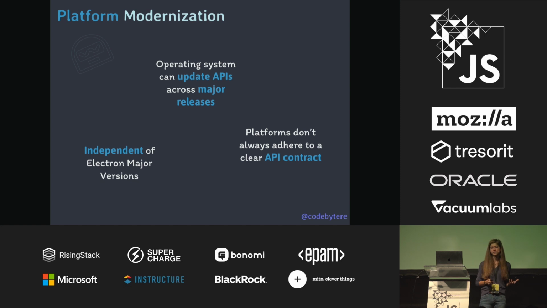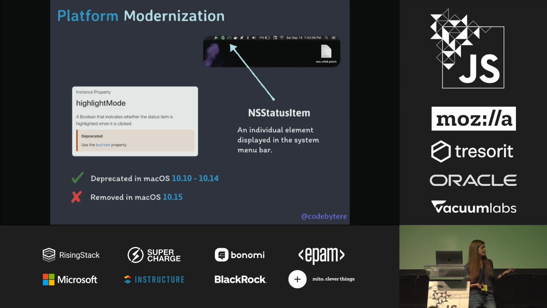The question we then want to ask ourselves is, what's the optimal way to account for this? Let's look at how Electron handled a recent snafu with just such an issue. If you've used macOS, you'll know that there's a tray bar at the top of the screen. The tray bar can contain individual elements, which are known to Apple as NSStatusItems.